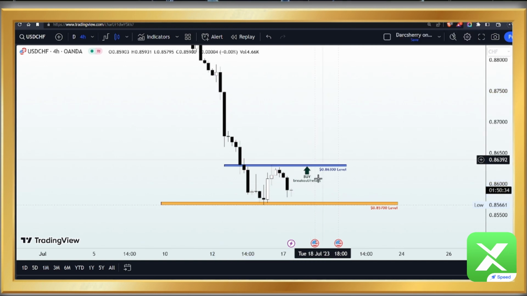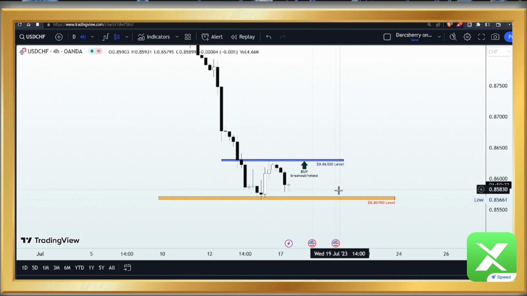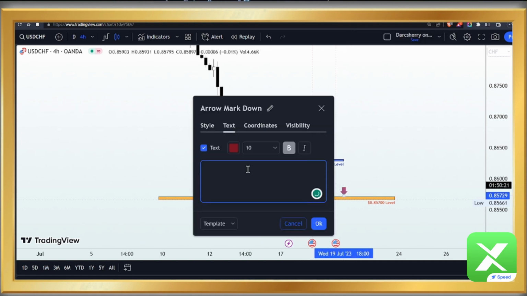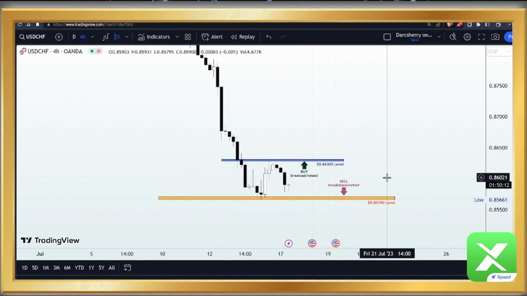However, if price action does not break out of the 0.863 and instead continues to drop and find lower highs here, then we will have no choice but to get ready to sell a breakdown retest of the 0.85700 area. So we have the breakdown retest of the 0.8570 as a sell opportunity.